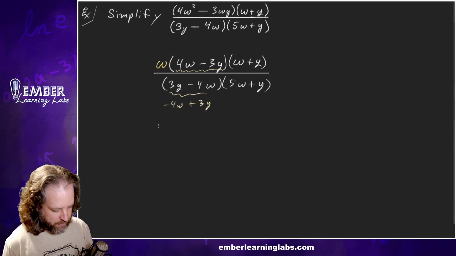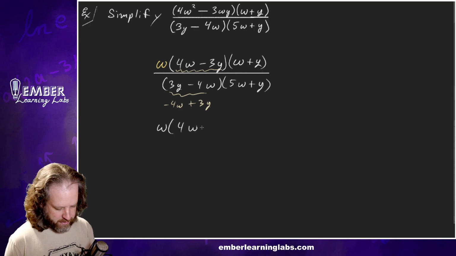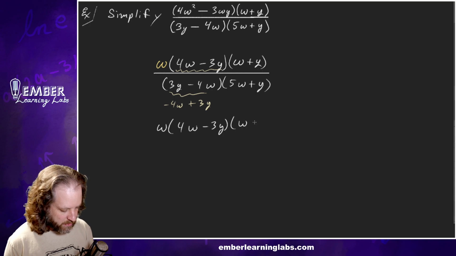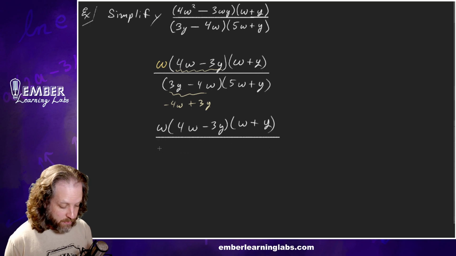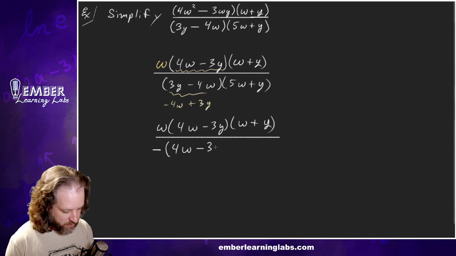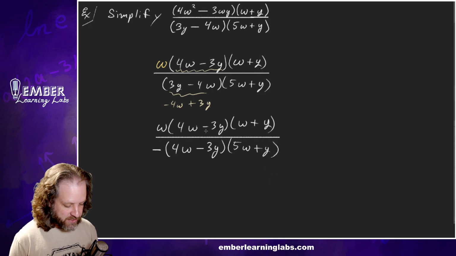So on the top, we're going to have W times 4W minus 3Y times W plus Y, over, now we're going to pull a negative out of this bottom one and turn it into positive 4W minus 3Y, and then the 5W plus Y. So now these actually do cancel.